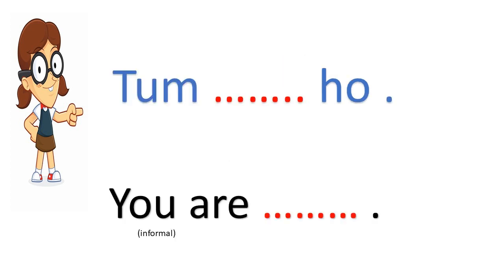In English, if the sentence is you are dash dash dash, in Hindi it will be tum dash dash dash ho, because verb always goes at the end of the sentence. Here, ho is the verb.